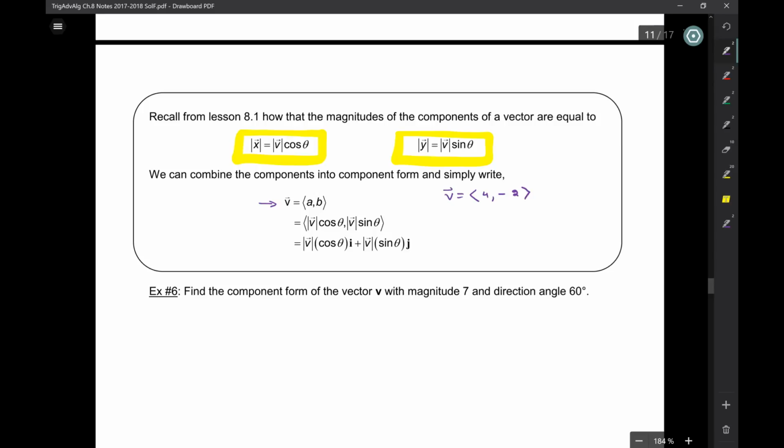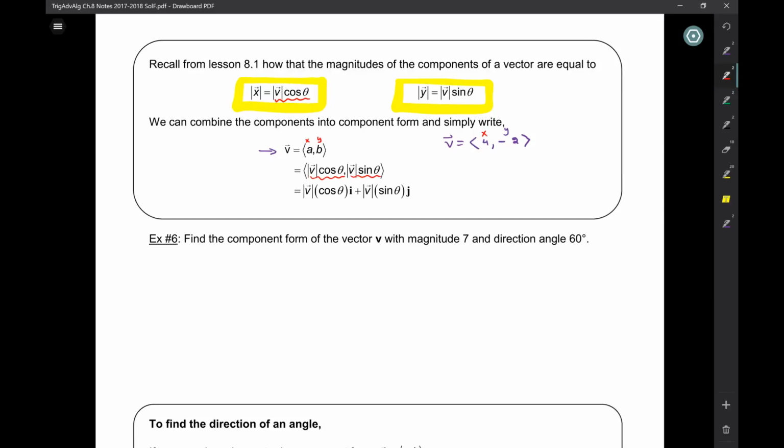If you look closely, this first one is the direction along x, and this second one is the direction along y. So if this is x and this is y, what did we say x was? V cosine theta. So this could just be v cosine theta, and the other one v sine theta. So we could write it like that, okay?